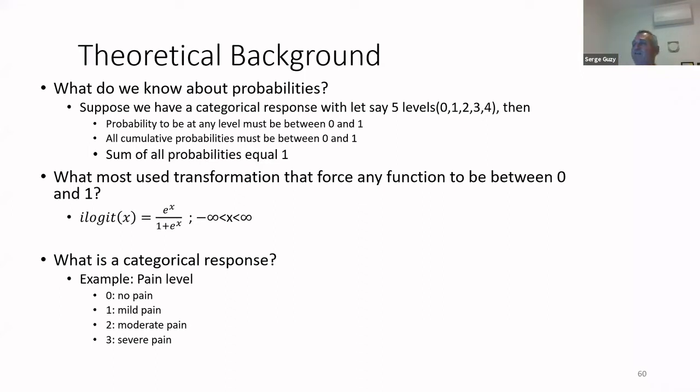In other words, whatever I'm doing, my model must have the constraint that the probability of level 0 or 1 or 2 or 3, the probability to equal 0 plus the probability to equal 1, 2, or 3, must always equal 1. If the probability to be in severe pain is 70%, 2 is 20%, 1 is 5%, then obviously 0 is also 5%. It can never be otherwise.